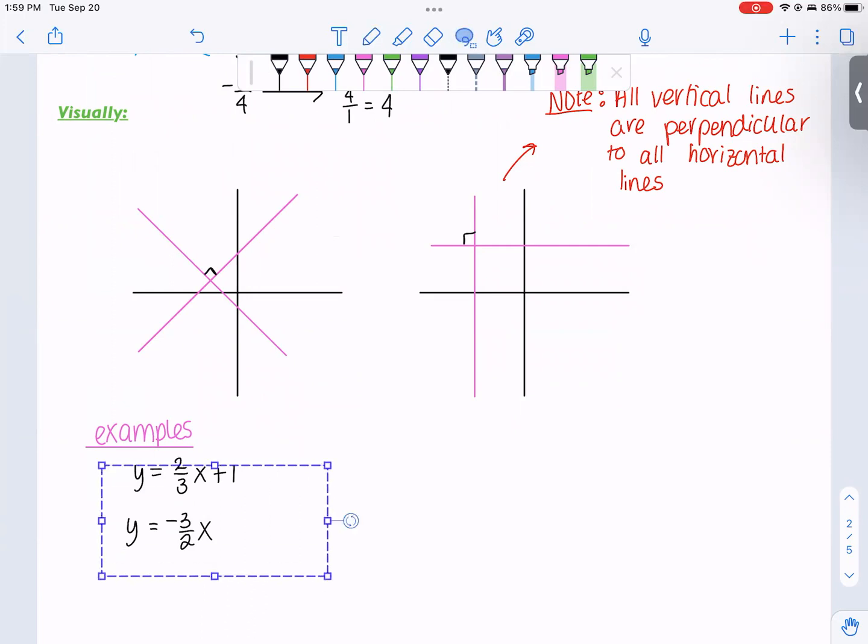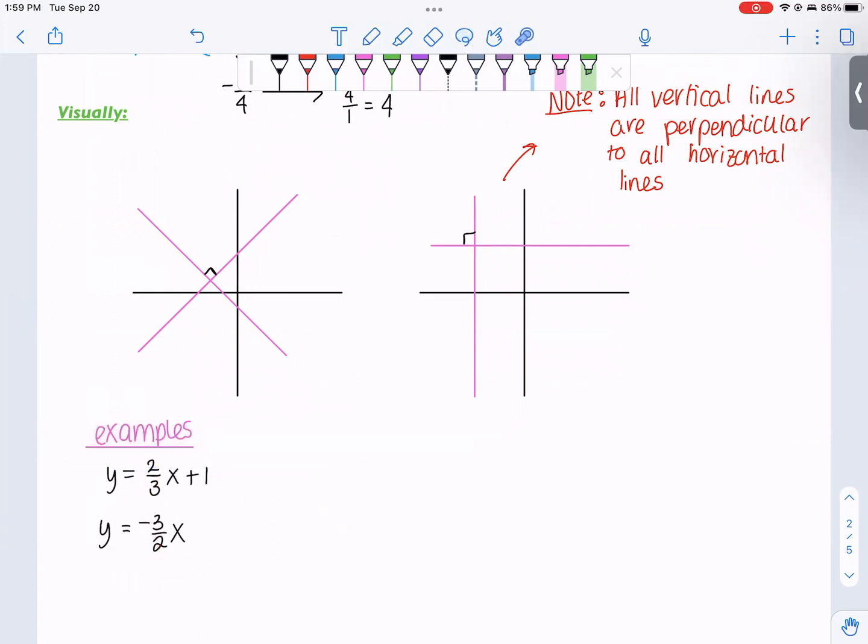They're perpendicular because their slopes, the only thing we care about with perpendicular lines, are opposite reciprocals. They are opposite reciprocals.